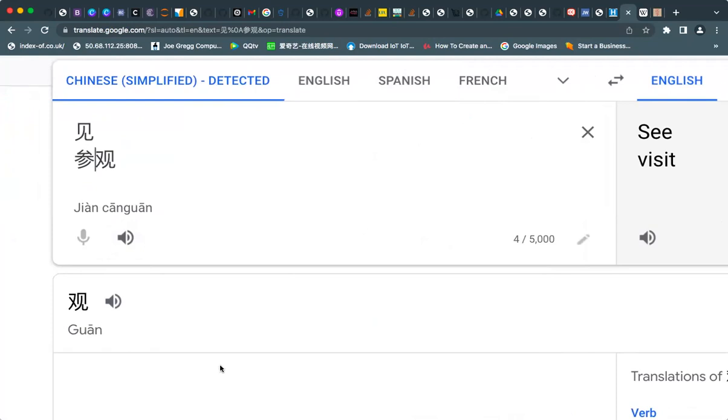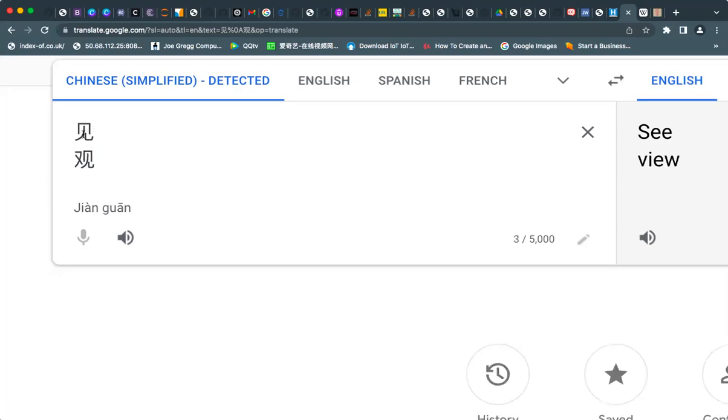Do you see it, Rocio? Yes. Jian. No, I'm saying, do you see the part, the Jian, in the Guan? Oh, yes, all mixed together. So that part there shows that it has to do with seeing.